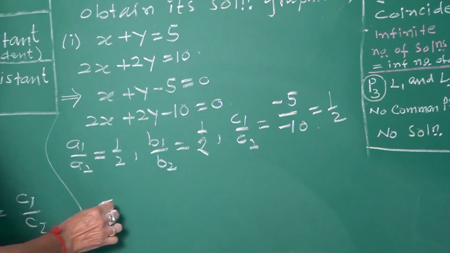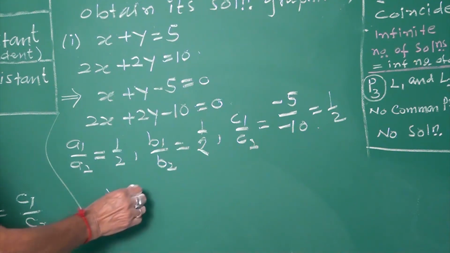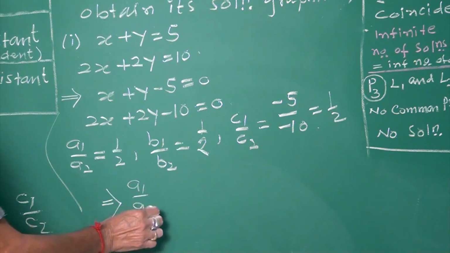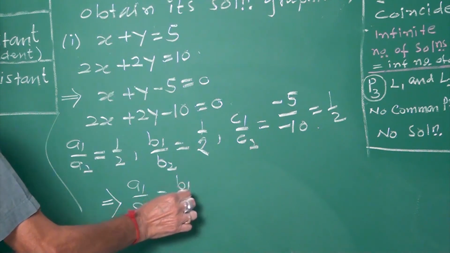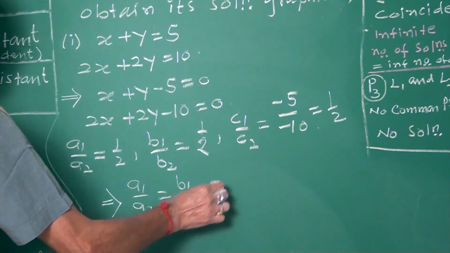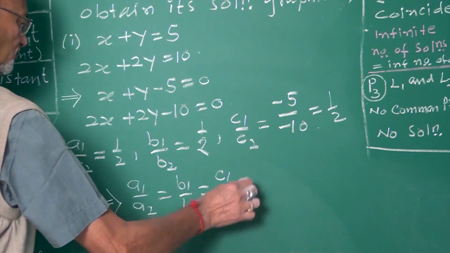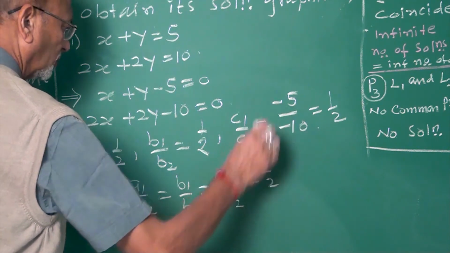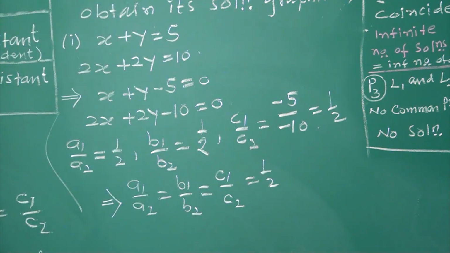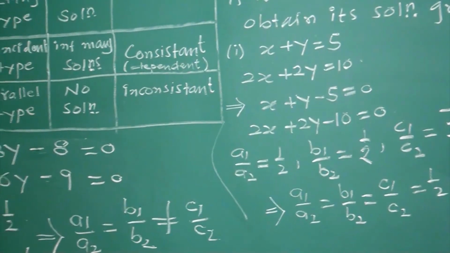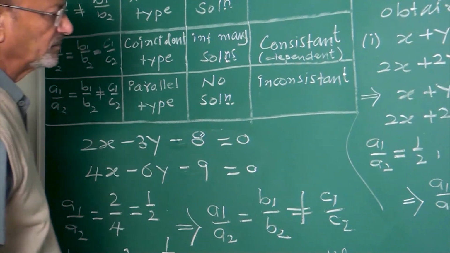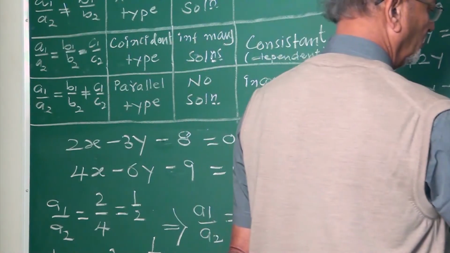So, my friends, this gives a1 upon a2 equal to b1 upon b2 equal to c1 upon c2, and all the three are equal to only one ratio, that is 1 by 2. When all the three are equal, the system is what? Coincident type.